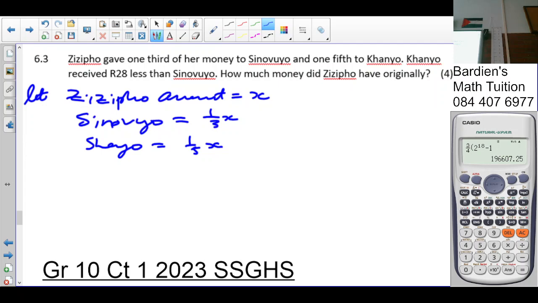You see that, people? Then we are told that Kanyo receives 28 rand less than Sinevuyo. So whatever Kanyo receives is 28 rand less than Sinevuyo.